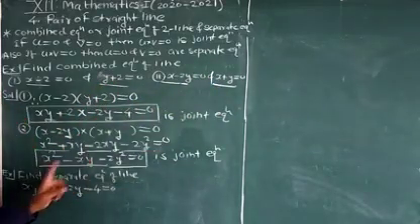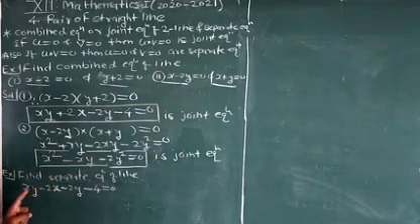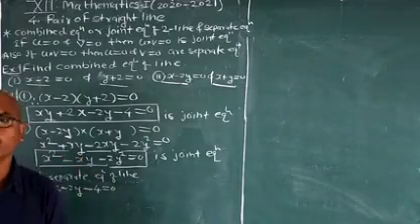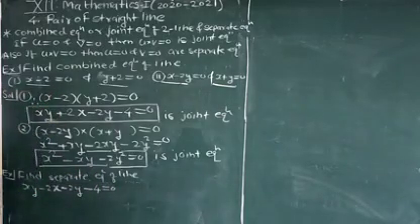Now the next question: find the separate equations of the line xy minus 2x minus 2y minus 4 equal to 0. So we have to solve this.